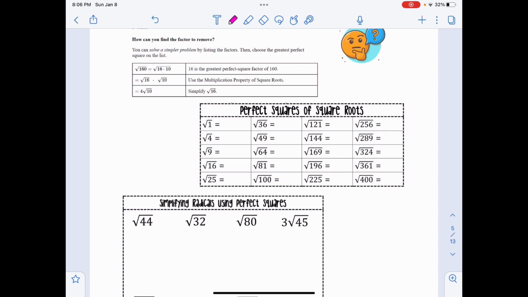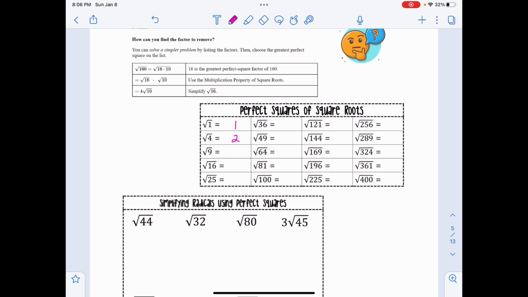So the square root of 1 is 1, or 1 times 1 is, of course, 1. 2 times 2 gives us 4, so 4 is a perfect square, and the square root of 4 is 2.